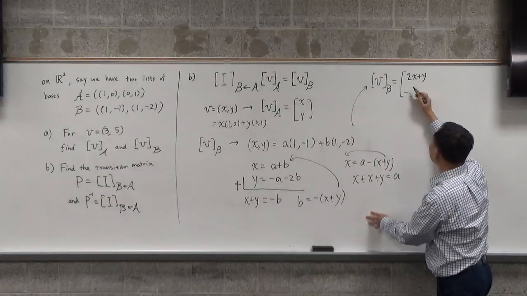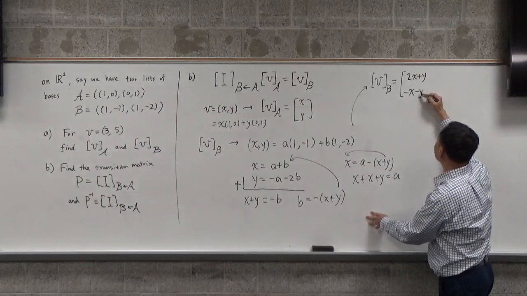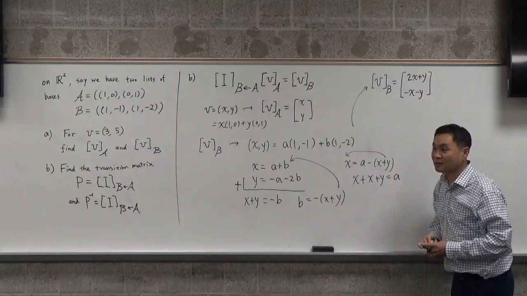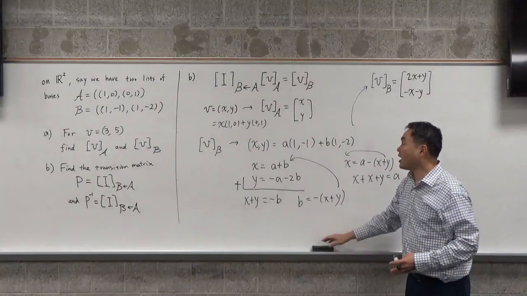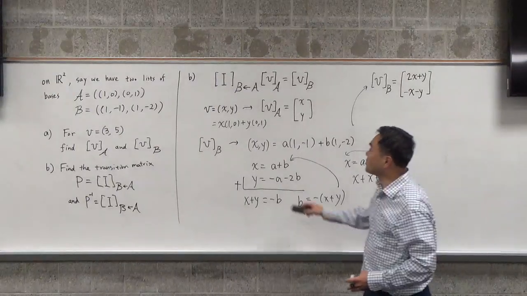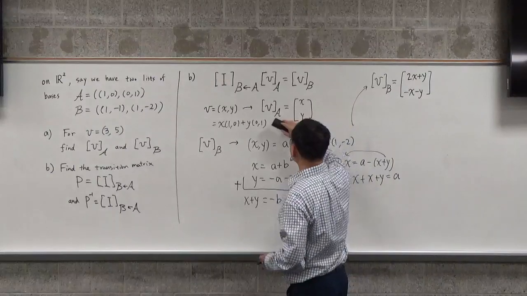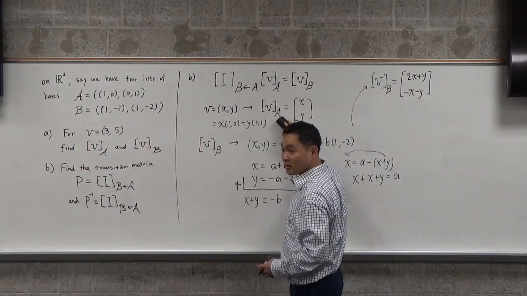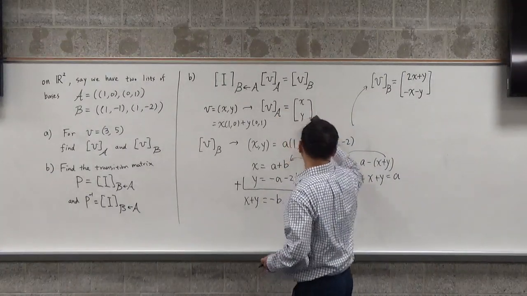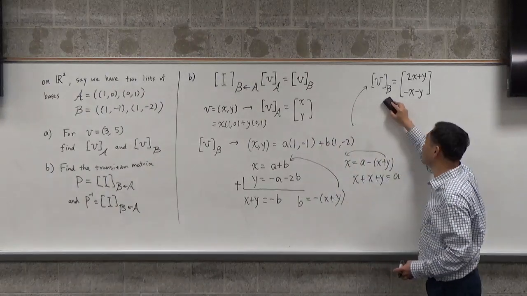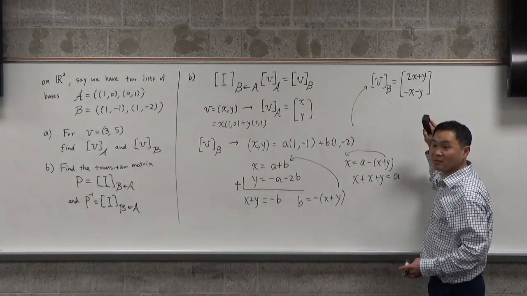Negative x minus y. Okay? So, I know that for a given vector x comma y, representation using basis A would be this, whereas representation using basis B would be this.